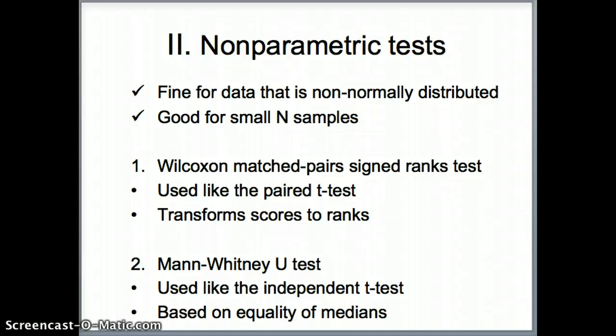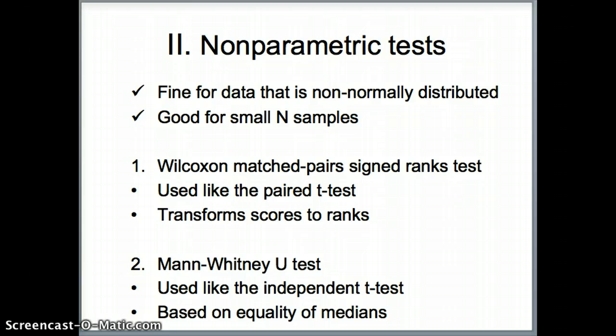The test, rather than using a mean and standard deviation, transforms each score to a rank score and compares the rank scores. So if you find that you have too small a number for a paired t-test, or if your data is not normally distributed, you might consider the Wilcoxon as a non-parametric equivalent for the paired t-test.